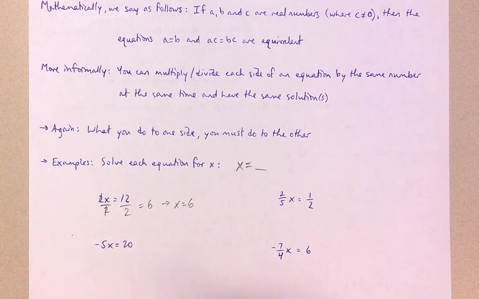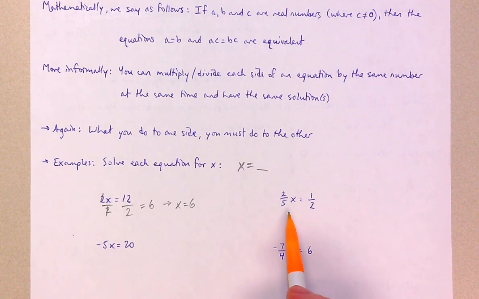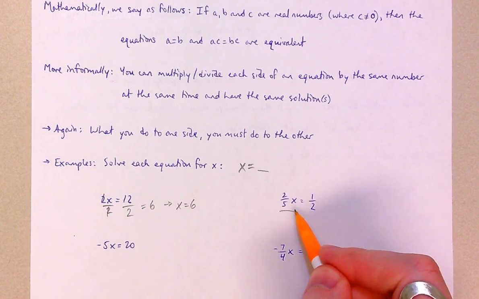All right, next one here, a little bit more perhaps visually challenging. 2/5 times x is equal to 1/2. So again, I have some number times x. I just want to get x all by itself on that left-hand side. So if I have something times x, I can divide by that coefficient.